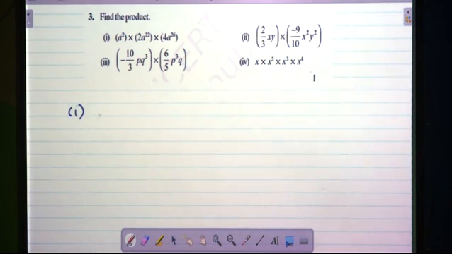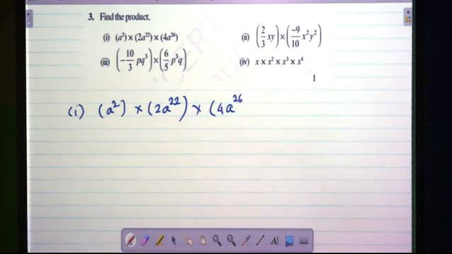First sum, it is a square into 2a raised to 22 into 4a raised to 26. The bracket I had written wrong.